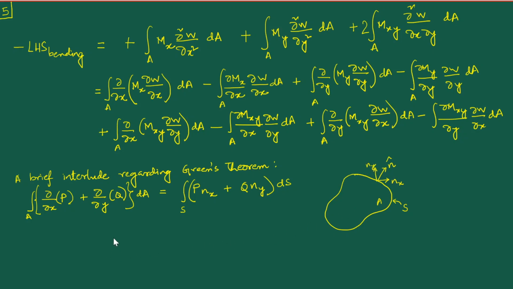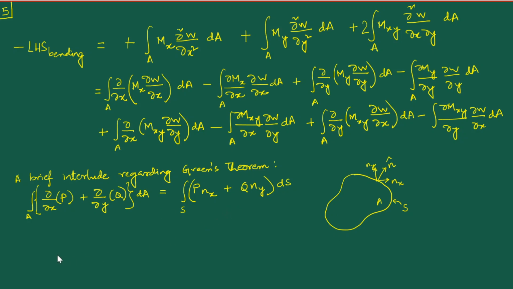All right, so this Green's theorem basically gives us a method of going from an area integration to a line integration. You see that this integration is only over this periphery, over this contour. So this is basically a line integral.